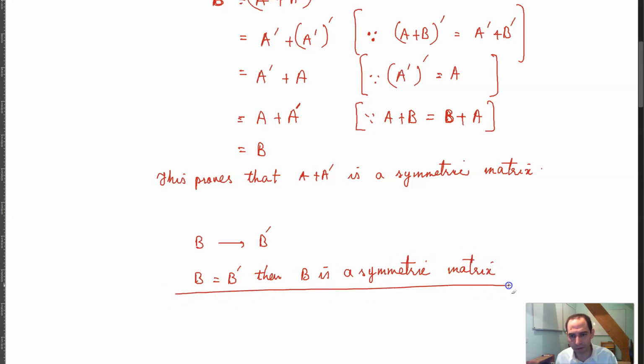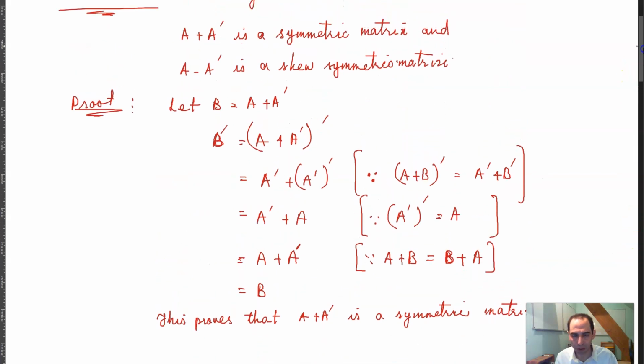Now what happens here is that we are talking about A plus A prime as a matrix, and so we called it B. Now we take the transpose of that matrix, and we end up with B. That means that B prime is equal to B. Since B prime is equal to B, then I can say that B is a symmetric matrix.